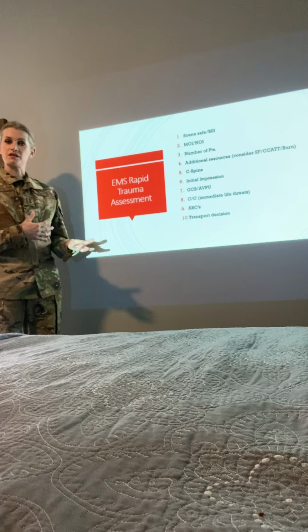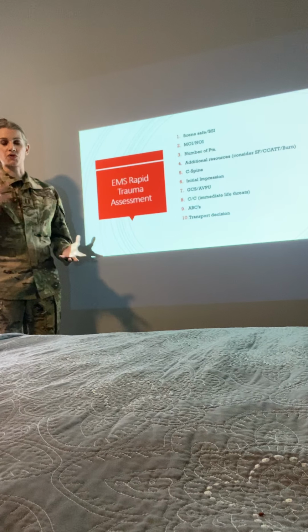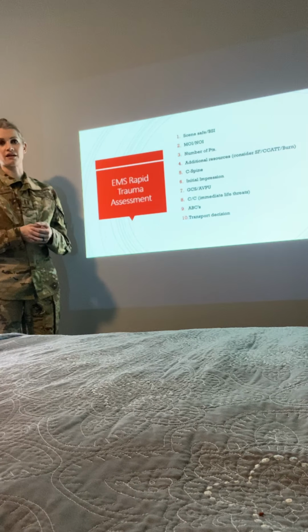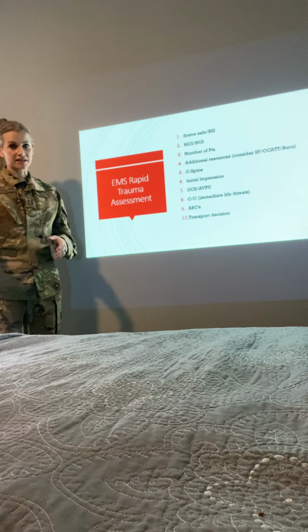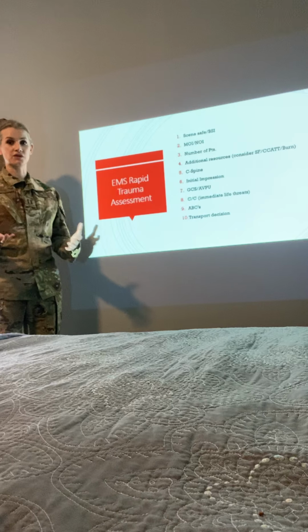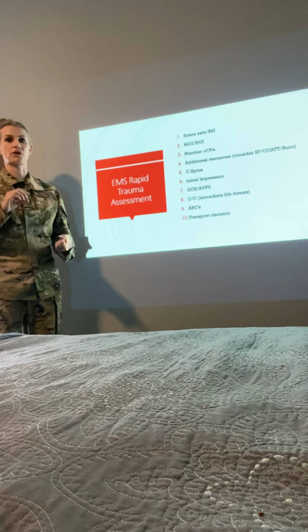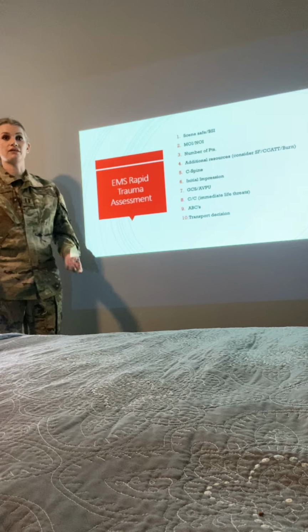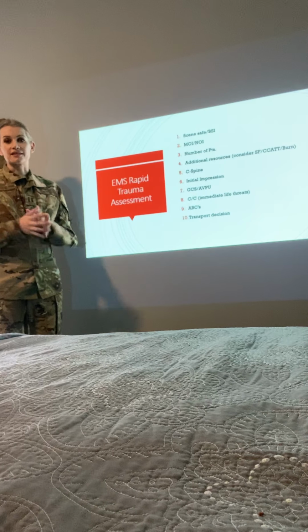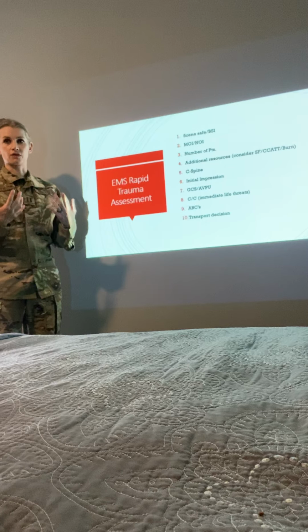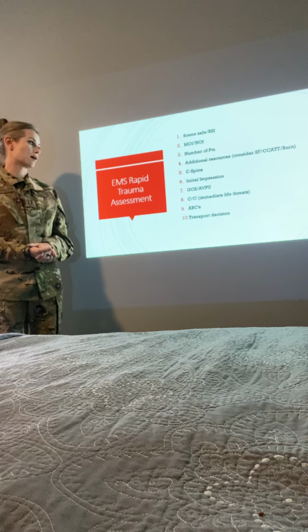Number 7 is going to be your GCS or your AVPU, so assessing neurological function. I do this as simply as saying, hey buddy, what's going on? If they can tell you what's going on, chances are they have some recollection of who they are, where they are, what day of the year it is, and what the situation is, like what happened to them.